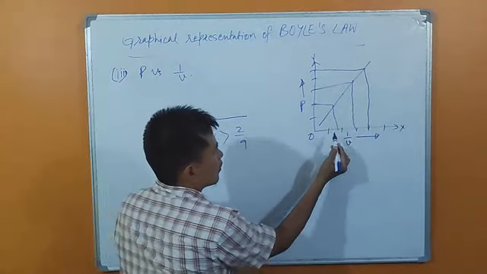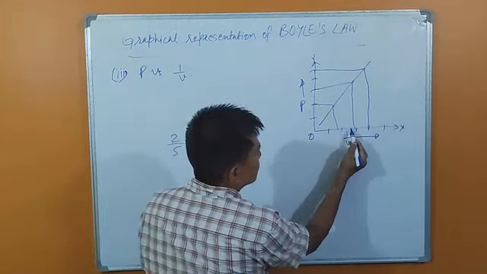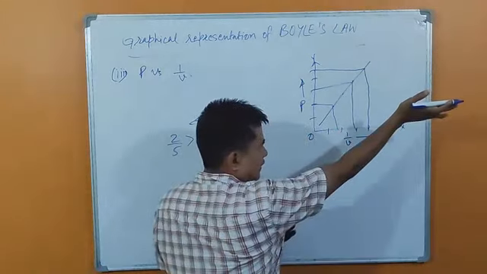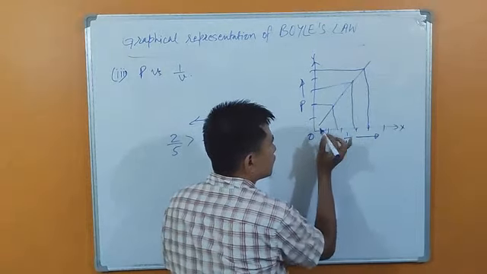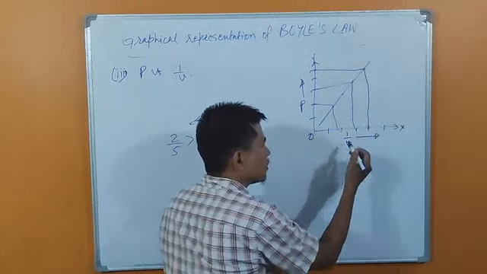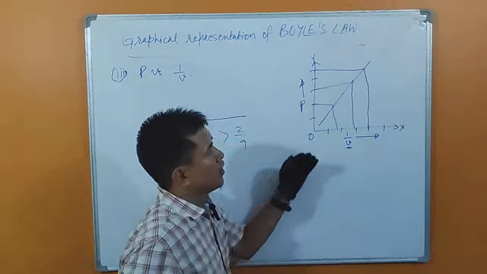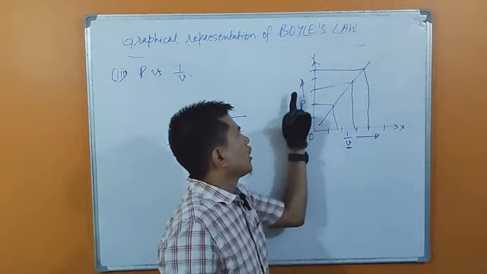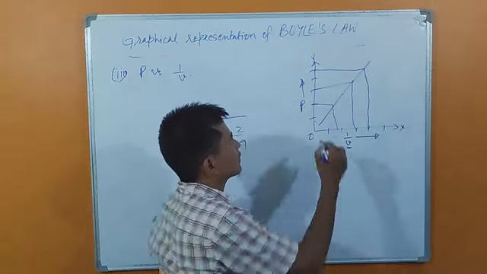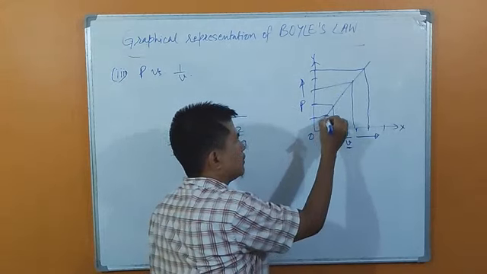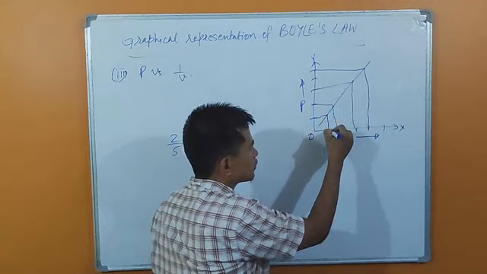So 1 upon V is increasing when you go from 0 to right hand side. When you are going from 0 to right hand side, 1 upon V is increasing means V is decreasing, okay? Denominator is decreasing. So when you plot pressure versus 1 upon V, the graph would look like this. When pressure is 1, 1 upon V is 1.